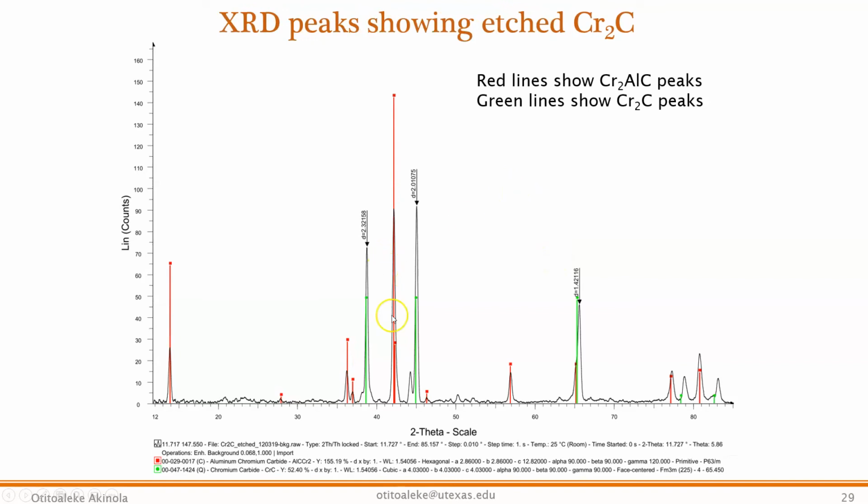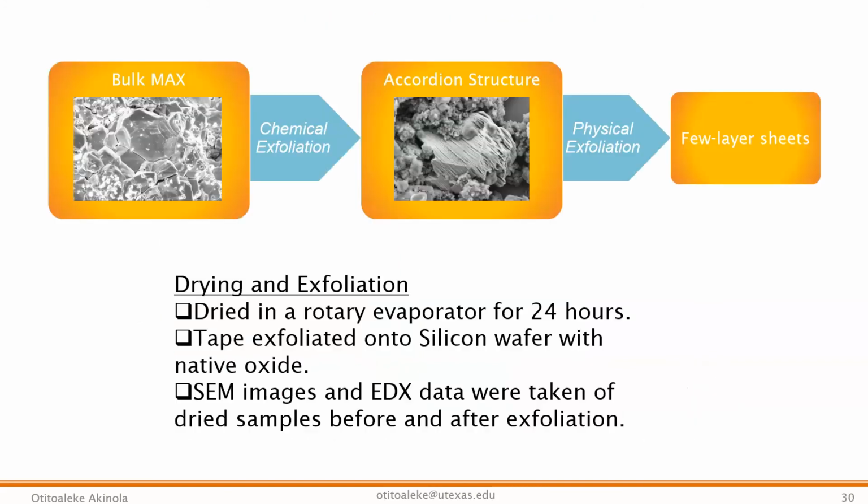And after the etch, you see the chromium carbide peaks begin to show up at these locations, and this shows us that we've been able to etch the chromium aluminum carbide to the chromium carbide within convincing limits.